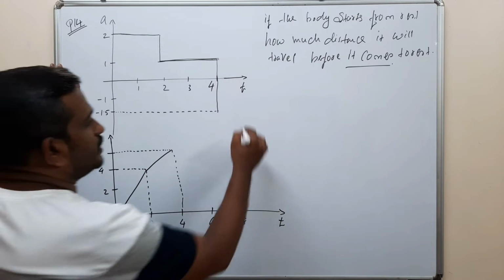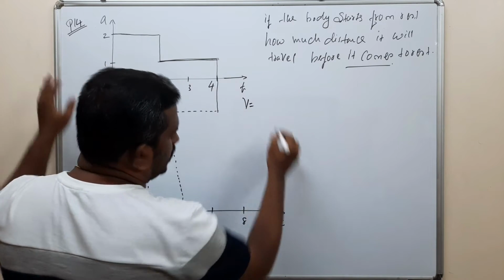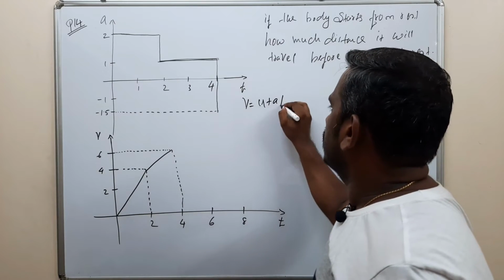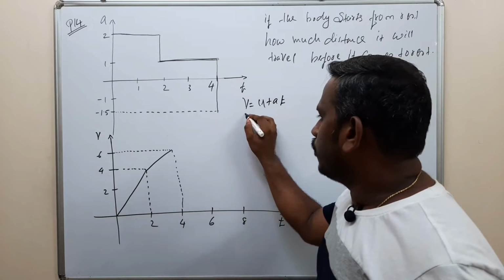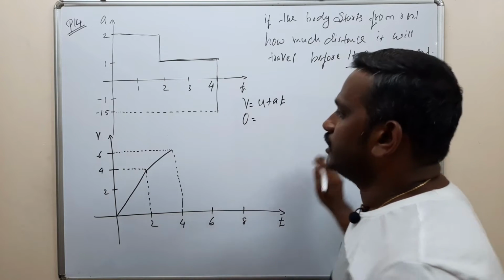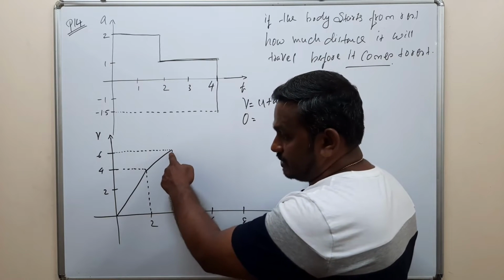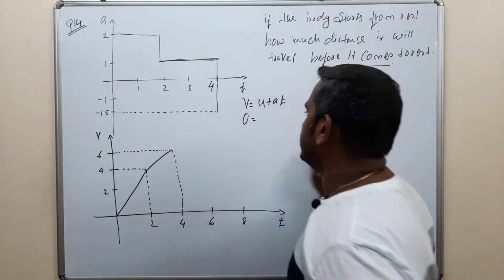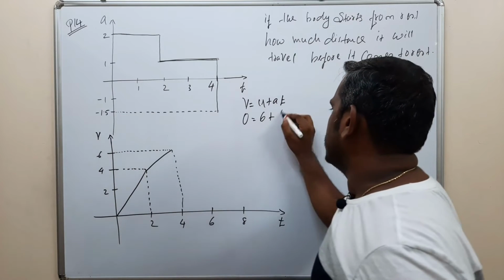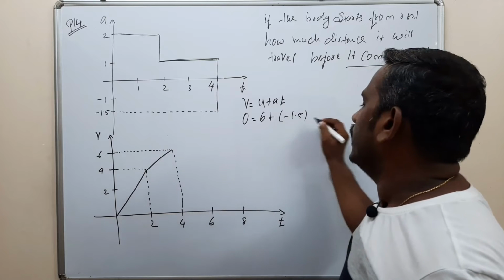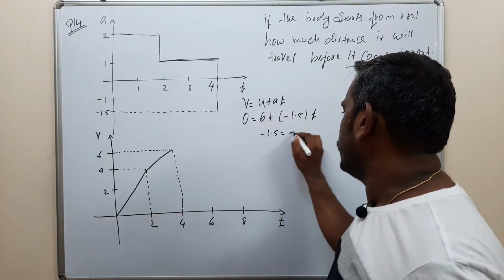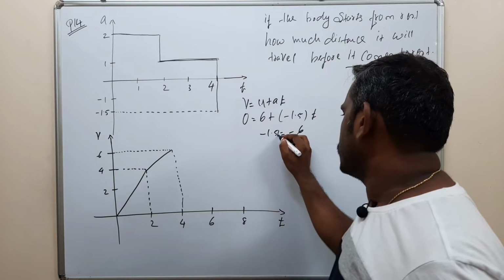Again we use the equation v is equal to u plus at. Finally the body comes to rest, so the final velocity is 0. The initial velocity from 6 onwards, the body starts to decelerate, so 0 is equal to 6 plus minus 1.5 t.